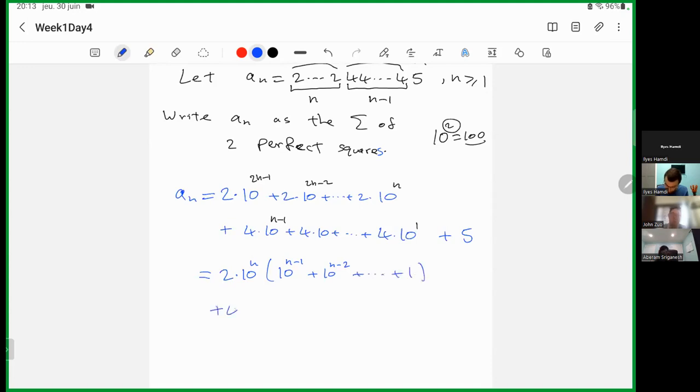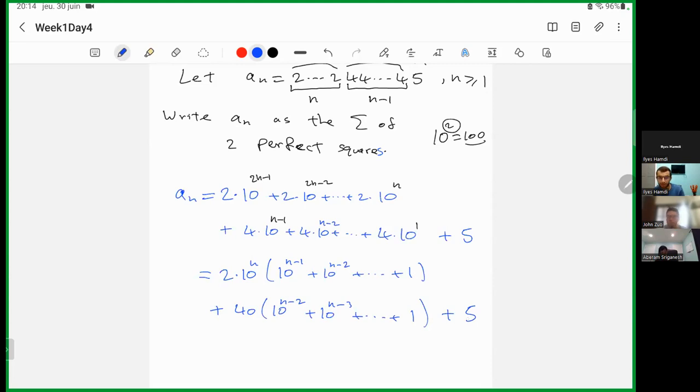I can also do the same with the other expression. So 4 times, actually I can just write 40 times 10 to the n minus 2, 10 to the, sorry, n minus 2 here, n minus 3 plus blah, blah, plus 1. And the 5 doesn't change.